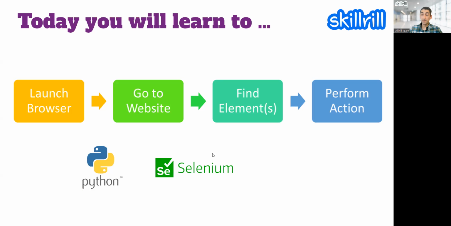Apart from that, we'll use Selenium. What is Selenium? Selenium is a library of Python. So what's a library? Think of a library as additional features or power-ups of the programming language. If you ever played computer games, you usually have a base game itself, and then you get power-ups, like additional features, right?